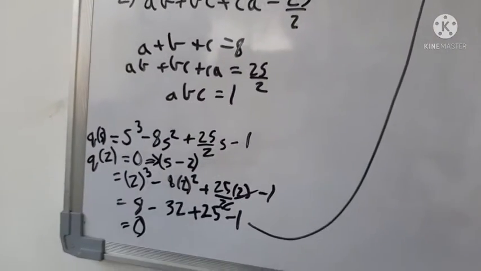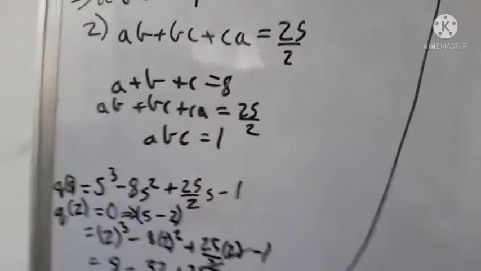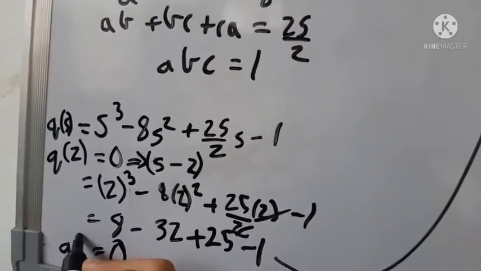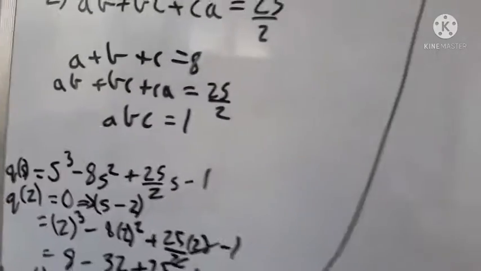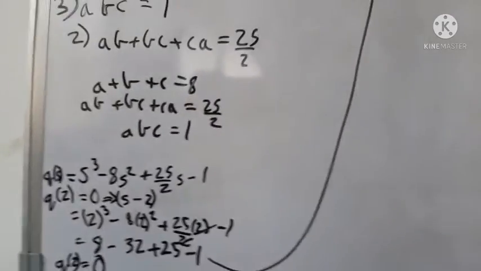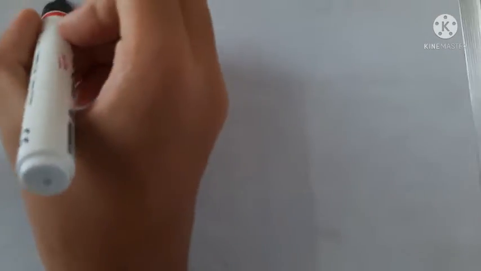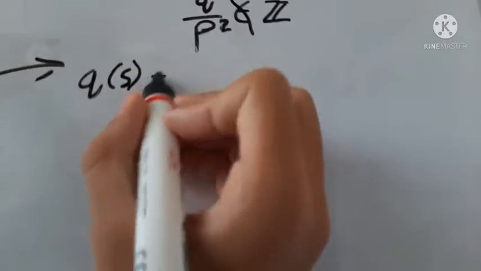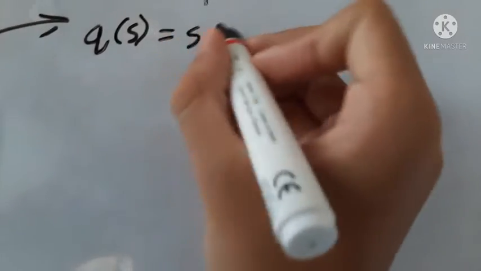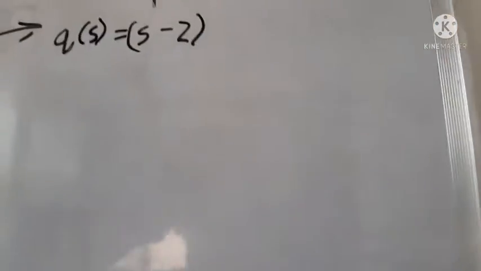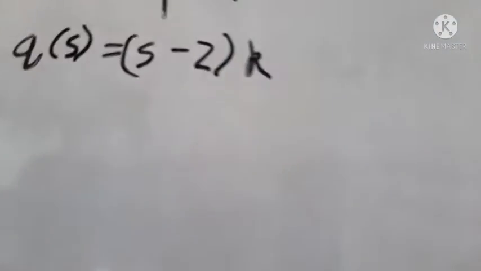Now we know that q of s can be written as s minus 2 times something, times some k. Let's find that k.